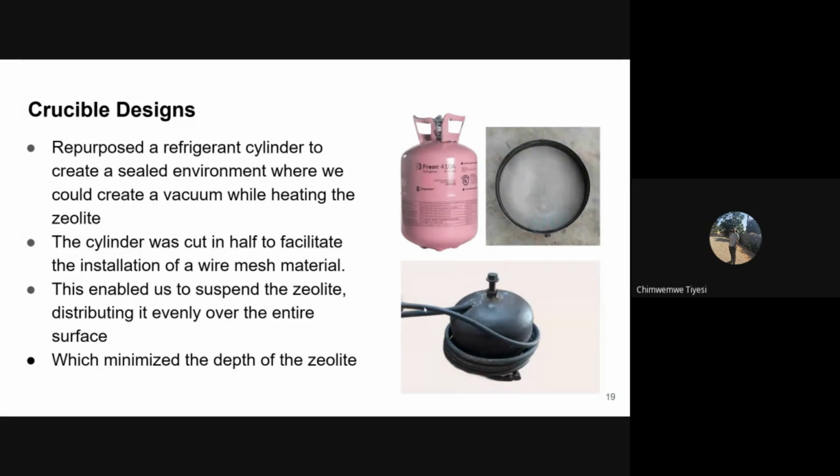Two copper pipes were connected to the crucible, one leaving the crucible and the other one coiled around the crucible and connected at the base of the crucible. The coiled one was introducing dry air into the crucible at a relative humidity of less than 1%. The second pipe was positioned at the top of the crucible so as to allow air to be evacuated by the vacuum pump, which was also picking up moisture that was released from the zeolite.